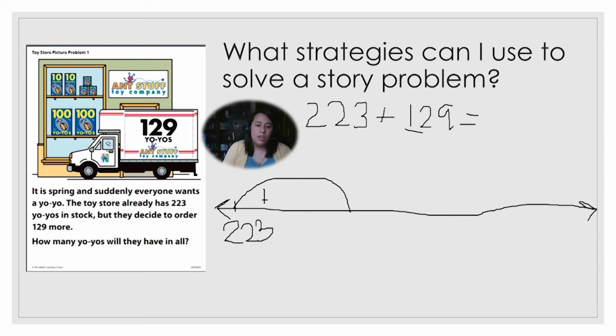So I'm going to go ahead and do a big jump of 100 to start. I had 200s on this number before. I added one more. So now I should have 323. I still have the 23 because I didn't do anything with the tens or the ones.